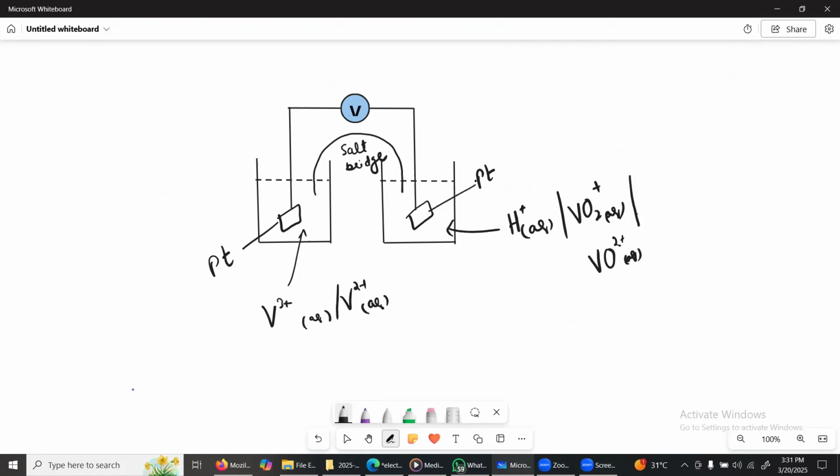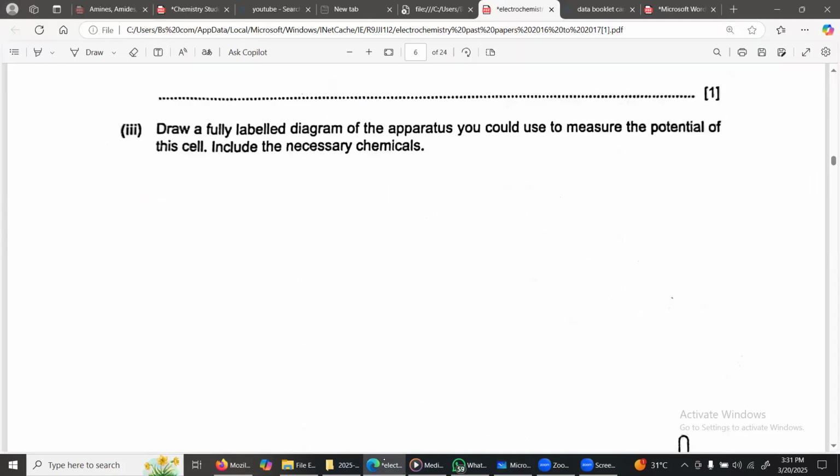The same setup is used because for ions we use this. You just write these ions as we have already seen in our data booklet. So you can draw it now.